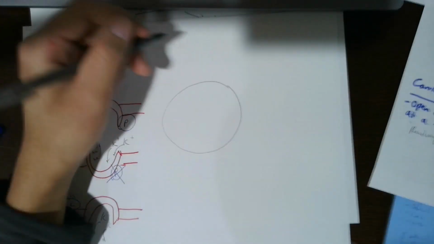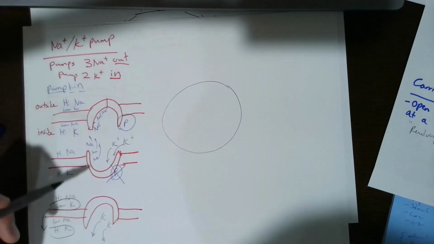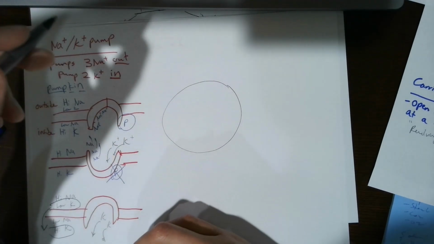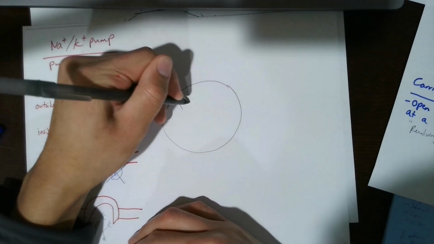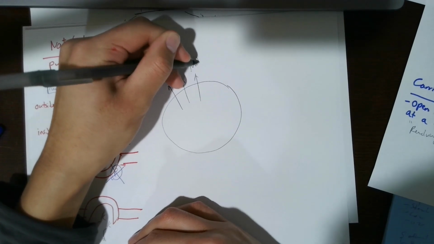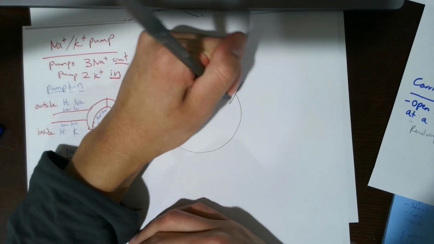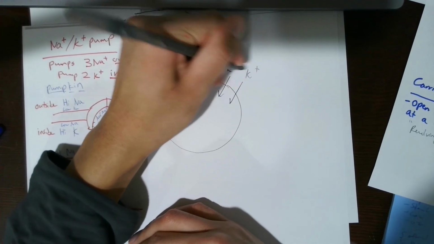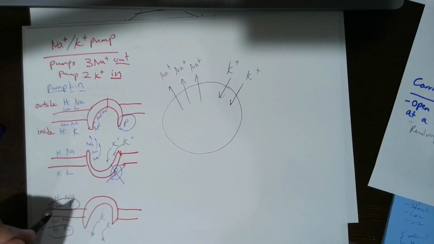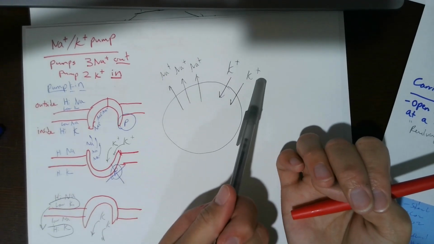Alright, so every time the sodium-potassium pump runs, we're kicking out 3 sodiums. Sodium is positive. And we're bringing in 2 potassiums. Alright? But now all of these ions are positive.